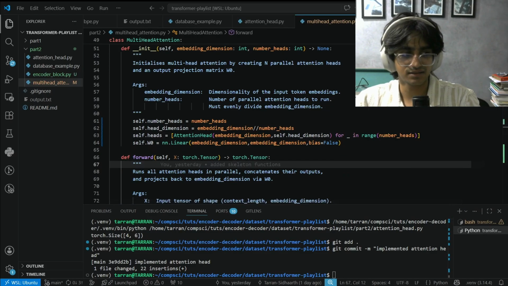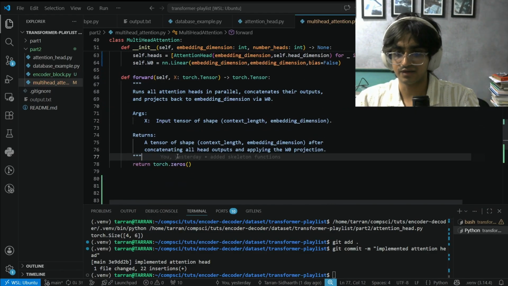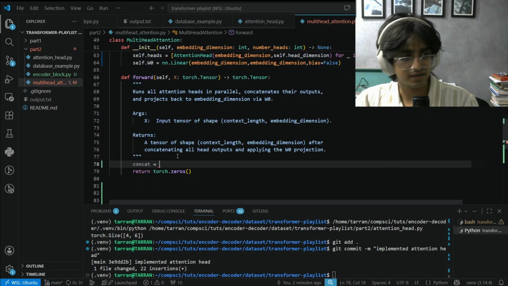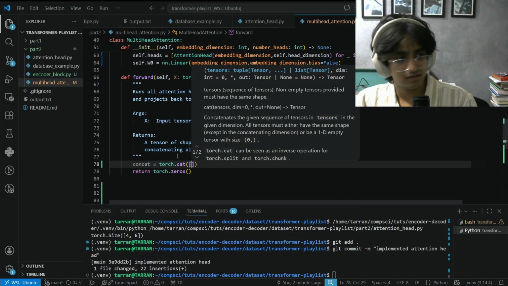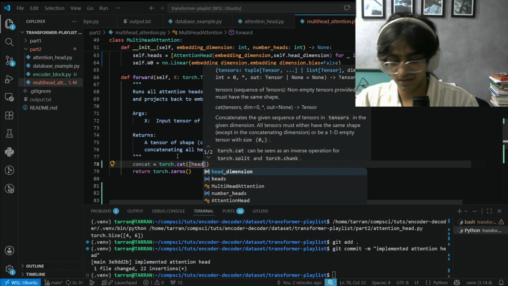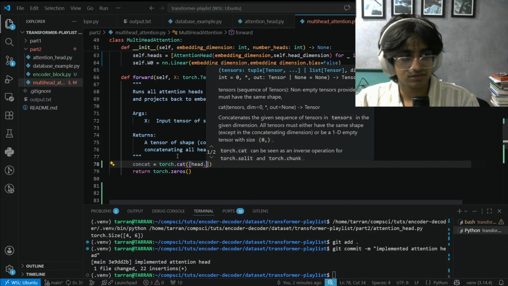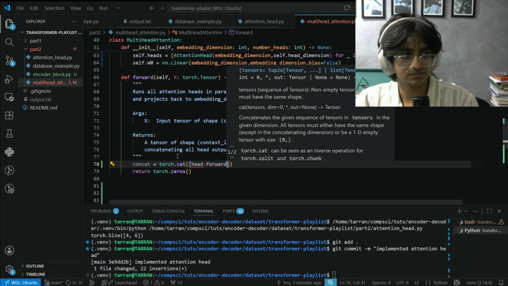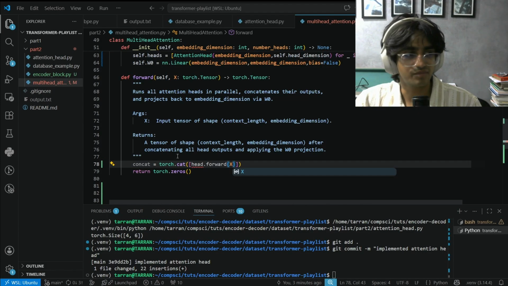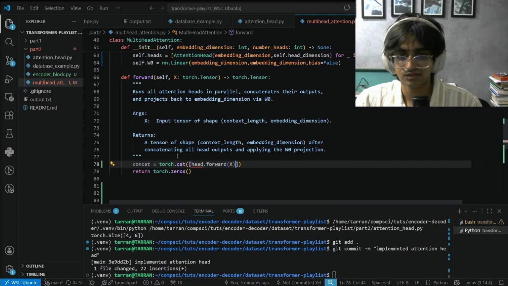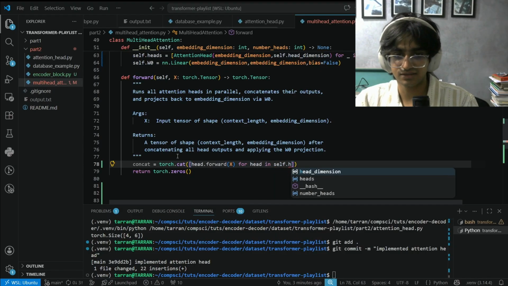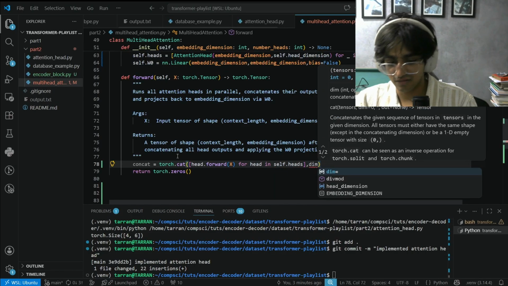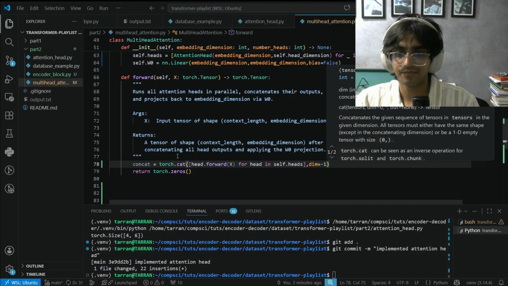So for our forward pass, what do we need? We need to concatenate. So our concatenate is equal to torch.cat. We're going to need head.forward of our input x for head in self.heads, and we're going to join it over the last dimension.